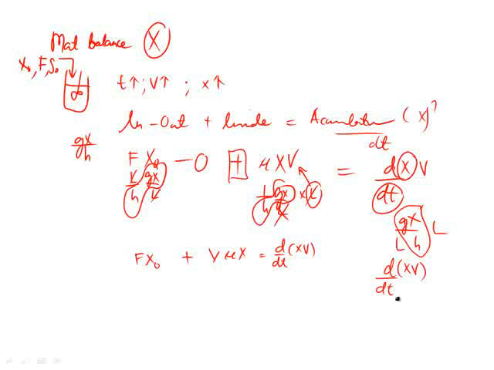But to simplify things, we can use the quasi steady state assumption, whereby dX over dt equals 0. It is not truly steady state because the volume changes at the same time.